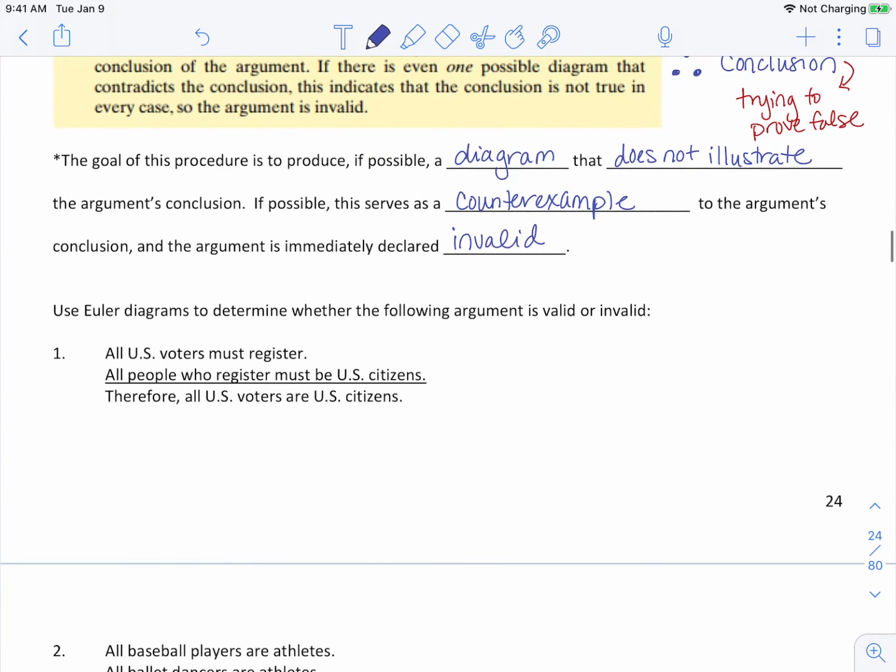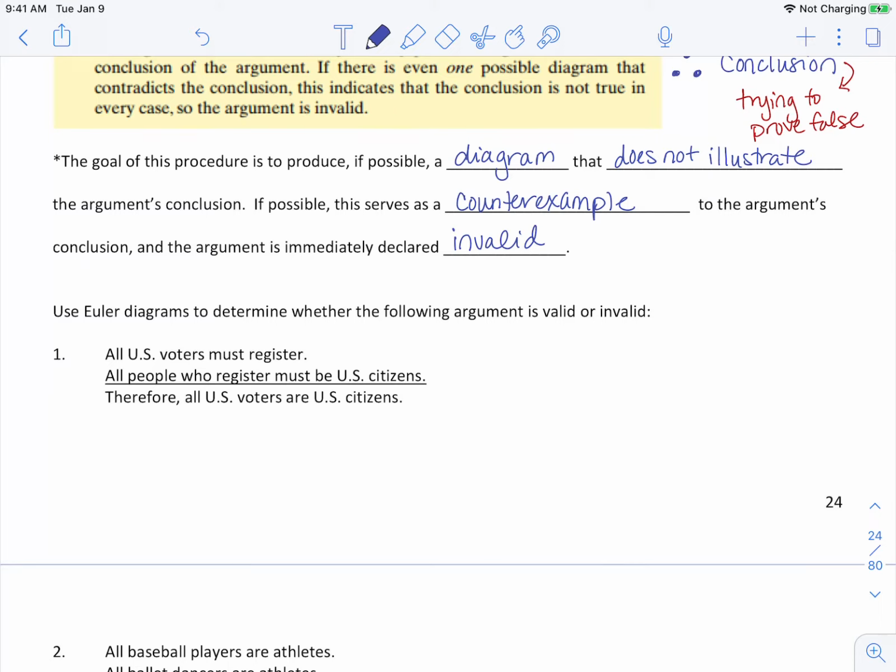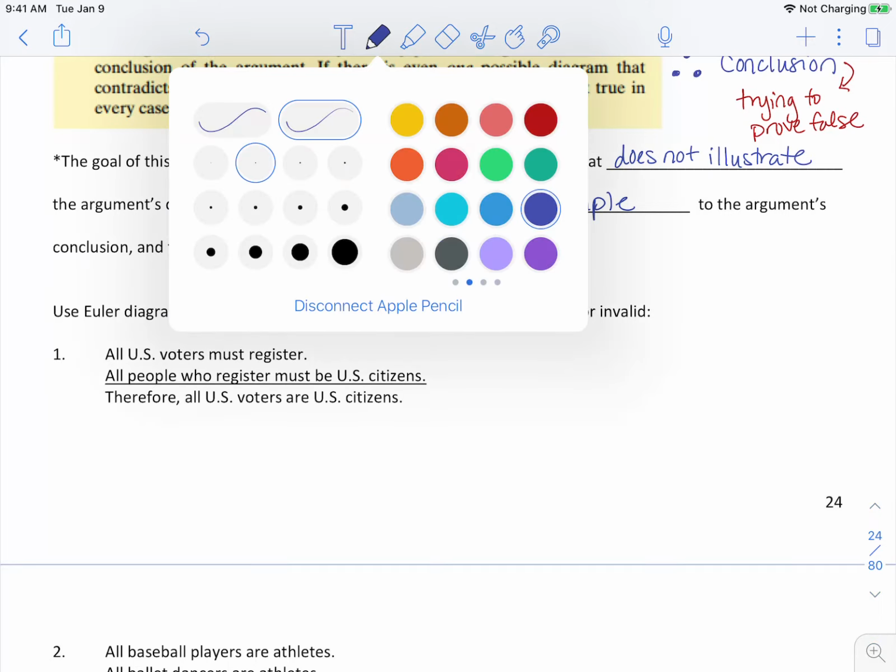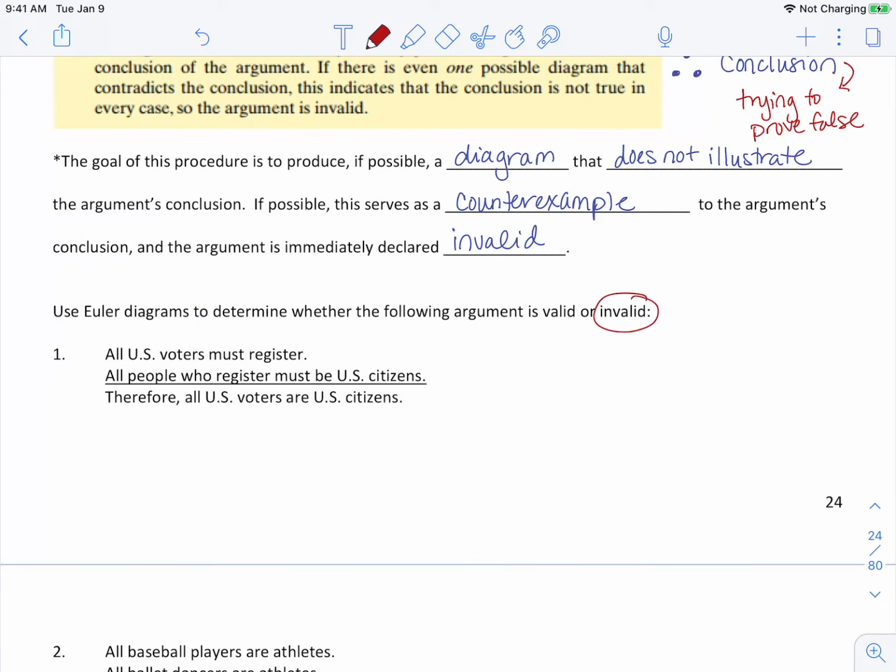So again, here it says use Euler diagrams to determine whether the following argument is valid or invalid. Again, our goal is to see if we can show a counterexample. You will be able to draw a valid argument for any of these. The goal is to see if you can show a counterexample to show that the argument is invalid.